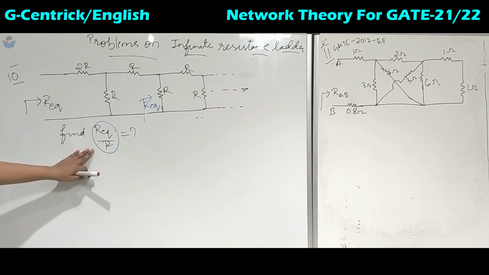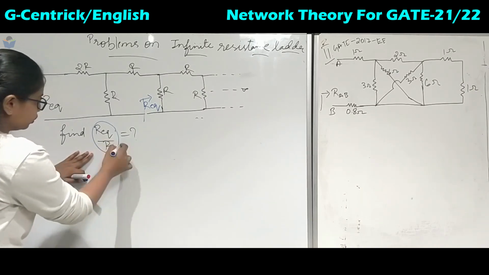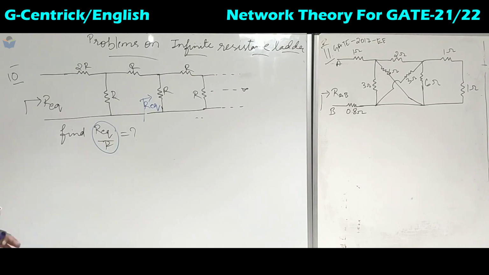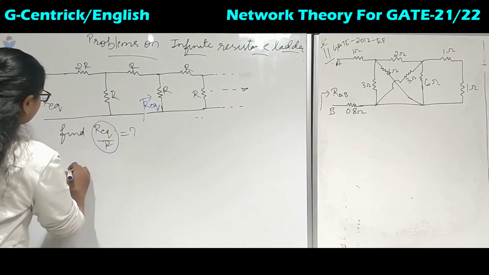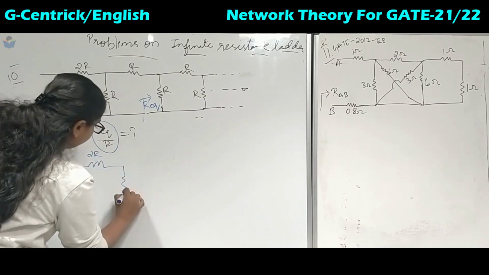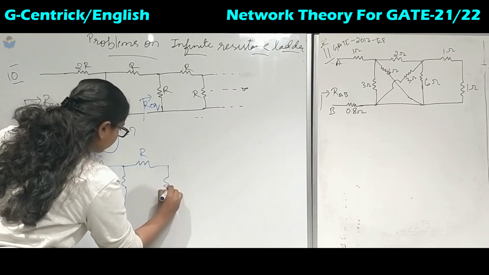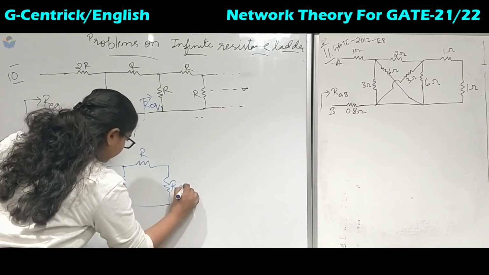So this is something different. Most of them, after solving the equation, will ignore this R, and the wrong answer will be given in the option. So now we will redraw this circuit. This is 2R, this is R, and here R, and this is replaced with R equivalent.